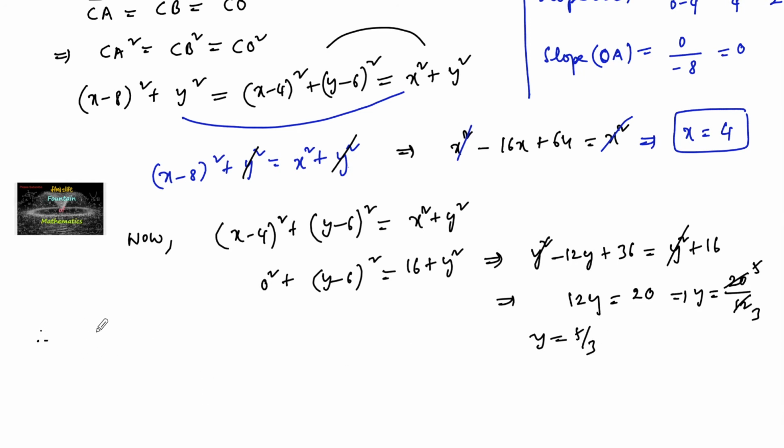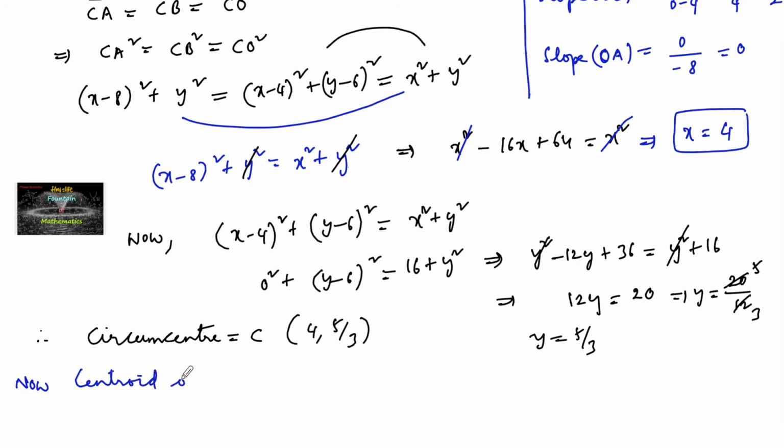Therefore circumcenter is C (4, 5 by 3). And now the centroid of triangle OAB.